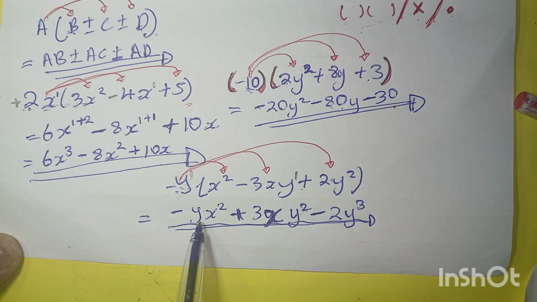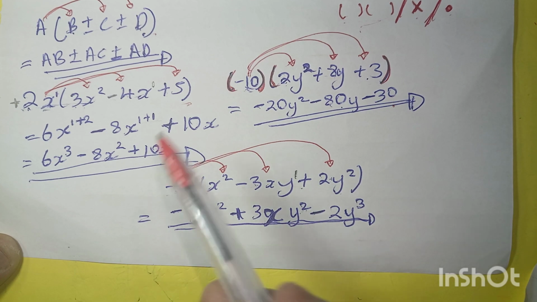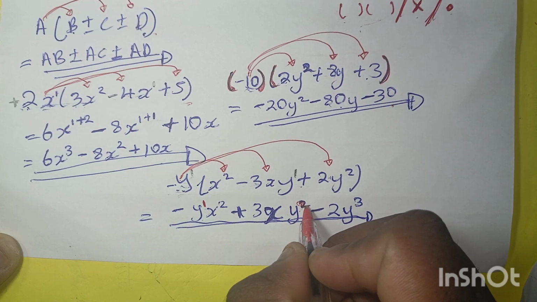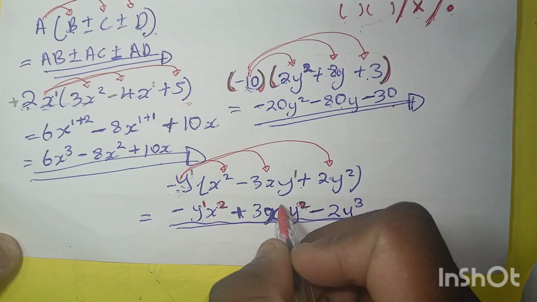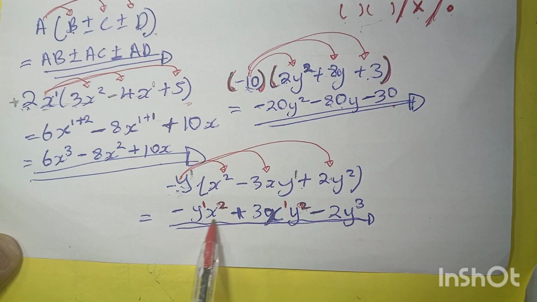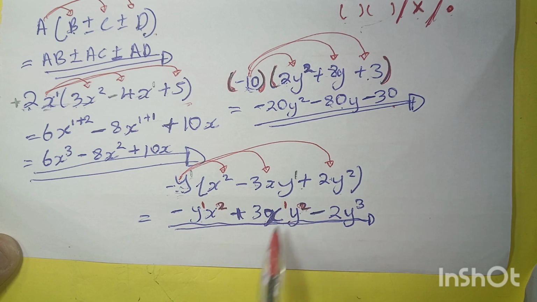Do you notice that these two things got the same base but different exponents? Because my y here is 1 and here it's 2. And here x is 2 and x here is 1. Do you see? These two things are not like terms. They got the same base but different exponents. Like terms, guys, are the same base and the same exponent. Then add the coefficients. Remember, do not forget.